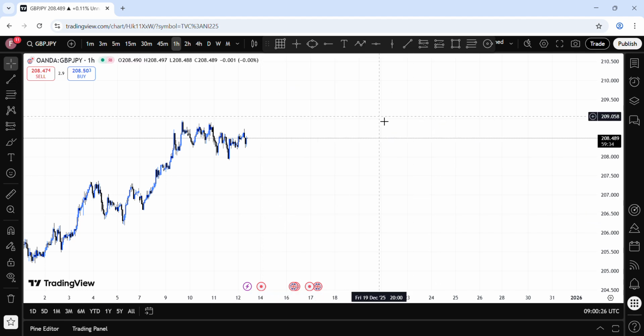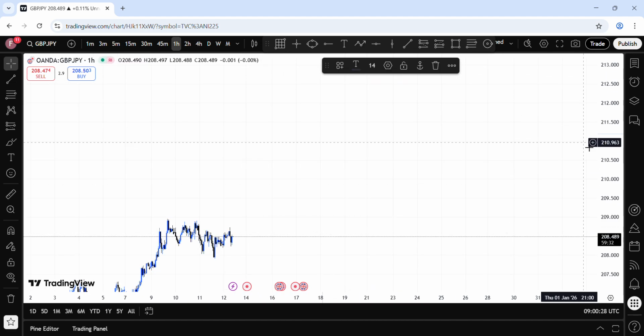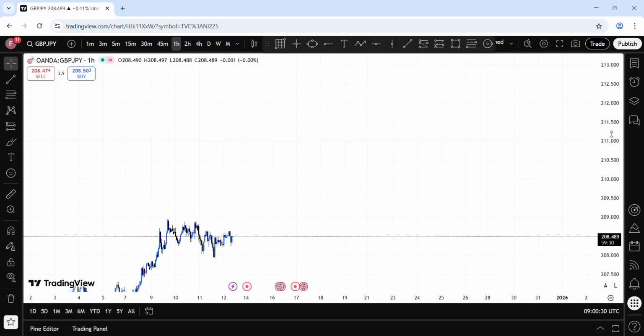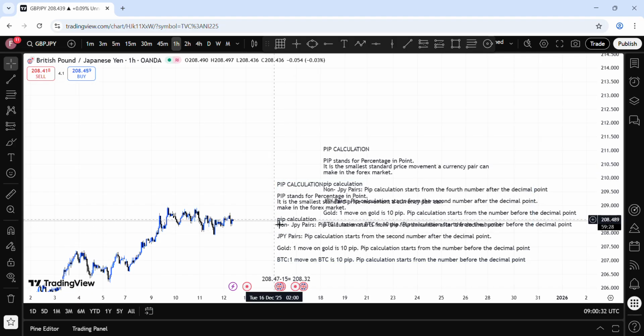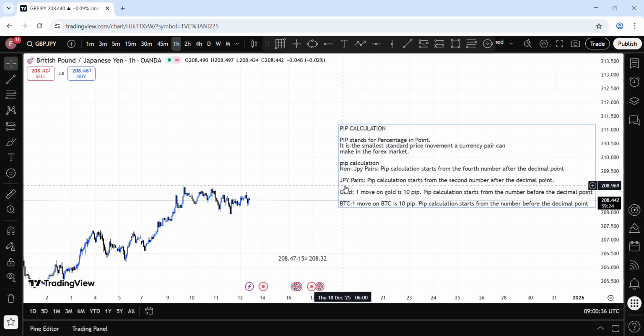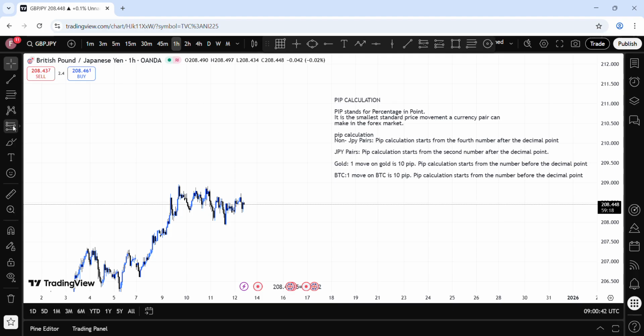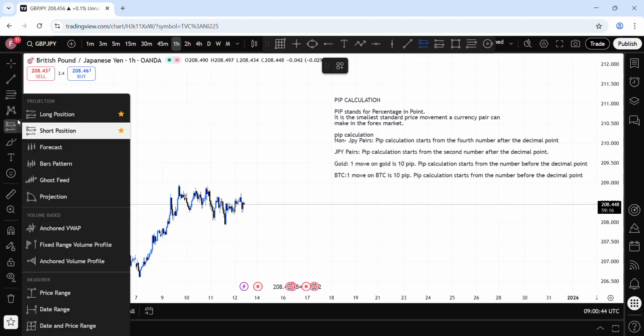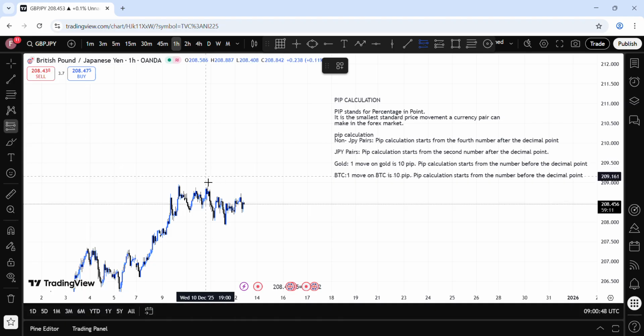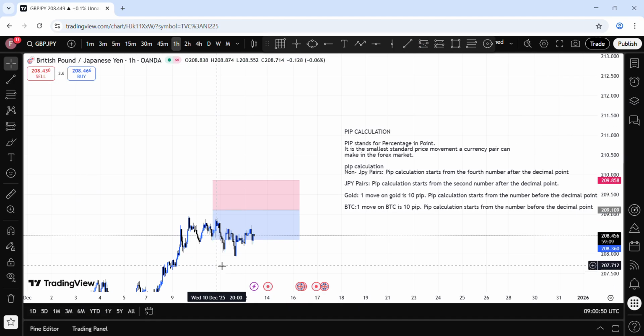And I've told you guys that we have position tools. TradingView has given us position tools, and we can just use the position tool instead of stressing ourselves to calculate that. The position tool is there to calculate for us already.